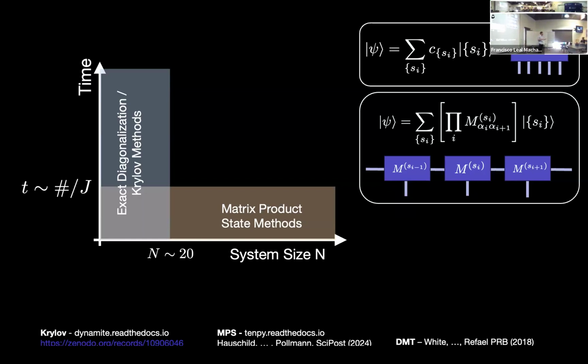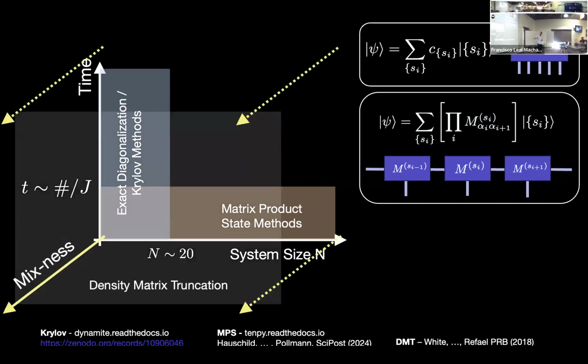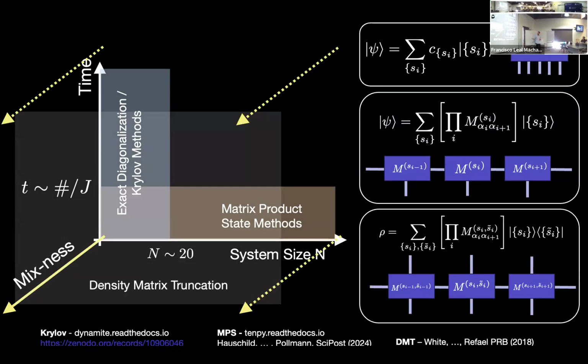And finally, at the end, I actually discussed something very different, because the transport on a system near infinite temperature falls a little bit outside of this phase diagram. You can think of adding a third axis to this, which is the mixedness of the state. And there you can actually use tools that take these MPS approaches and build them up into matrix product operators.